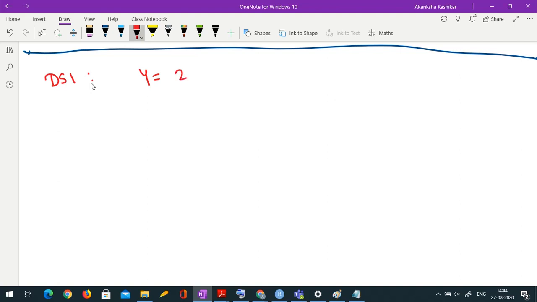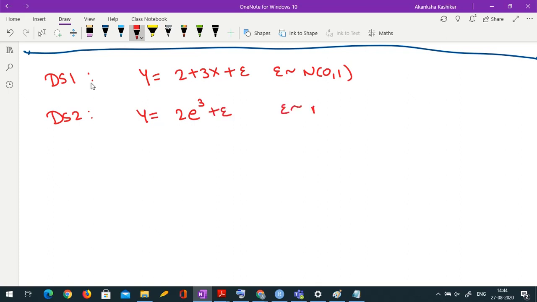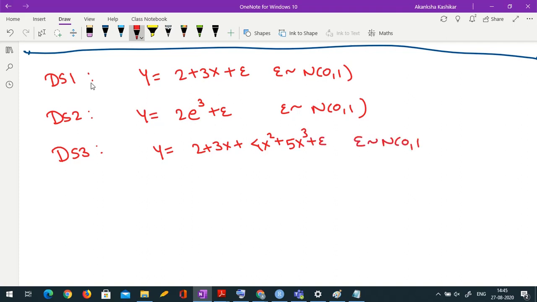So y is, say, 2 plus 3x plus epsilon, where epsilon follows normal 0, 1. Data set 2 let me generate by 2 e raised to 3x plus epsilon, where epsilon is again normal 0, 1. And data set 3 let me generate via 2 plus 3x plus 4x square plus 5x cube plus epsilon, where epsilon is normal 0, 1.